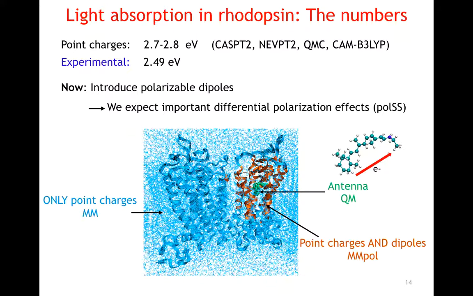We want to introduce the polarizable force field in a sphere around the antenna, selecting a radius of about 15 angstrom around the chromophore, while all the other sites are still treated with static point charges.